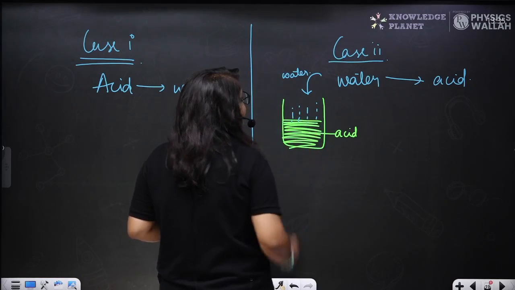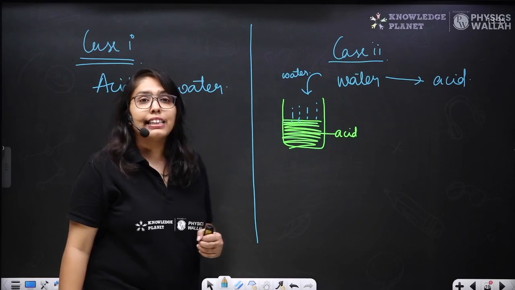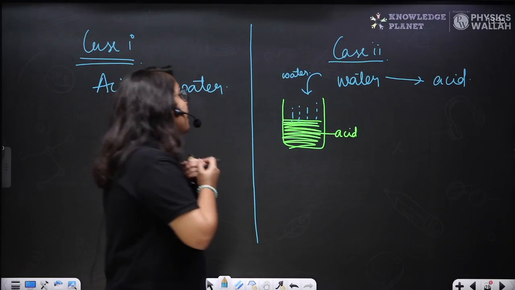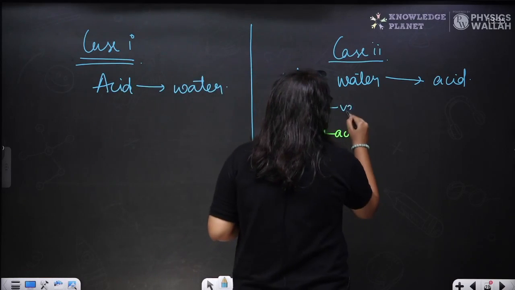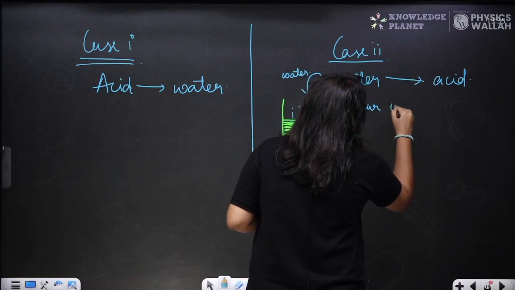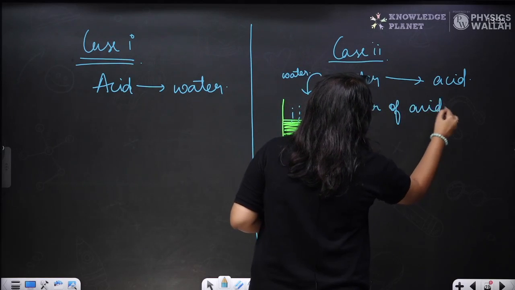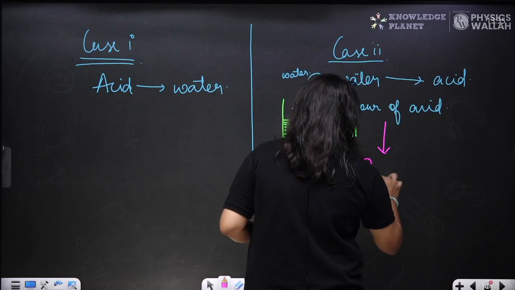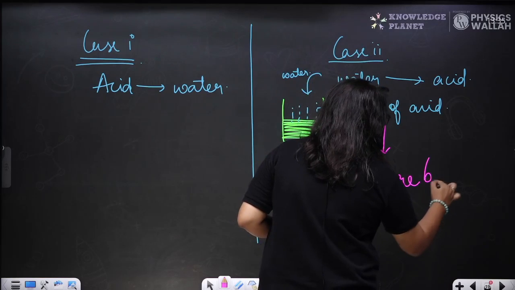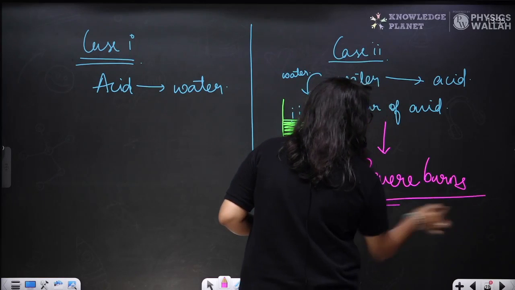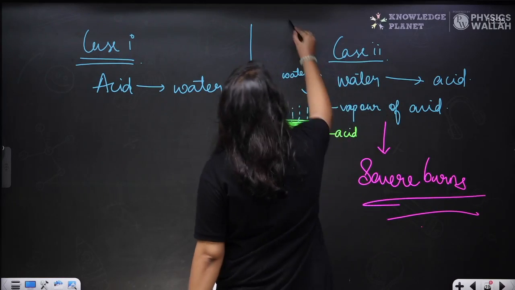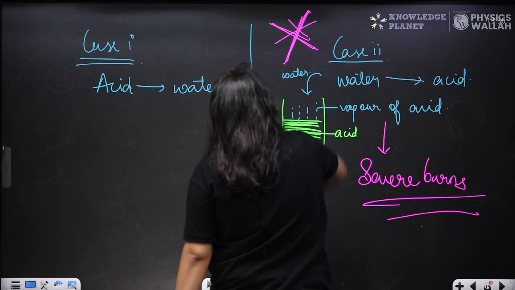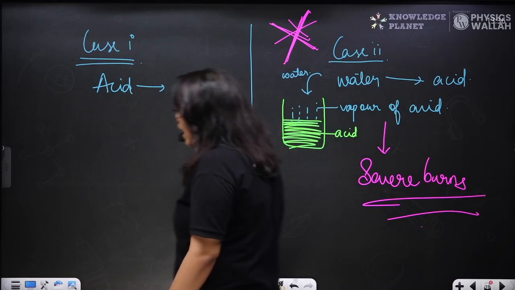The vapors of the acid are released, and this vapor, when it comes in contact with our hands, can cause, what can it cause? It can cause severe burns. Okay, so thereby we do not add water to acid.